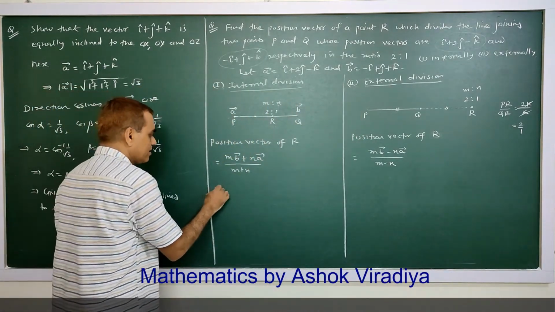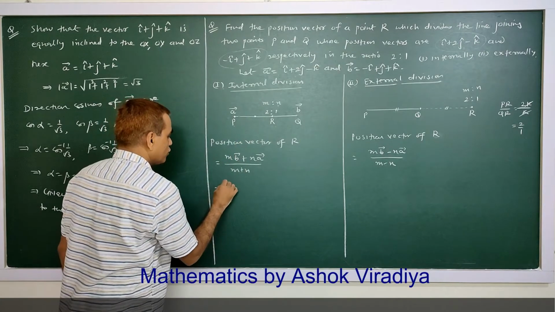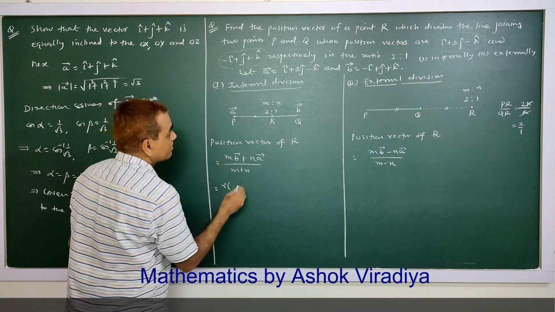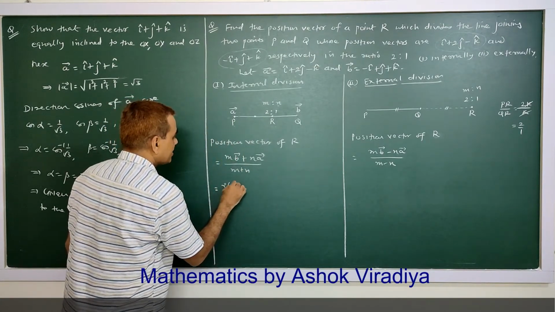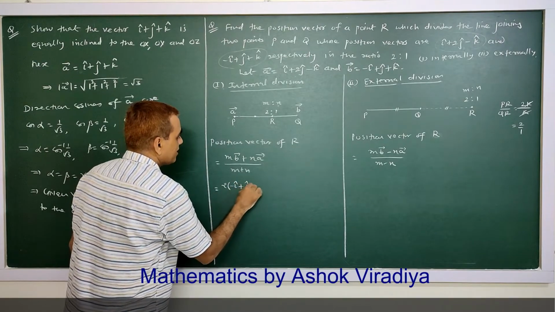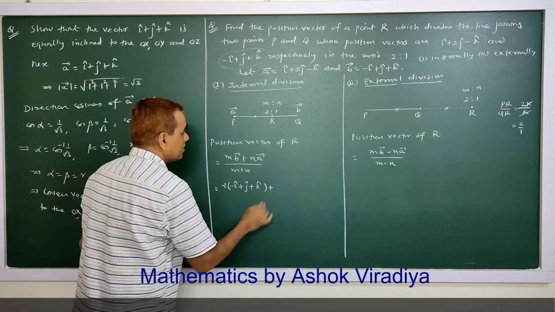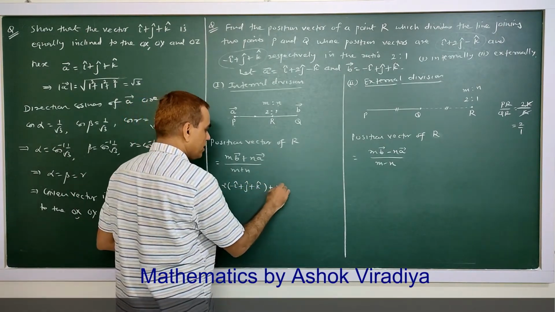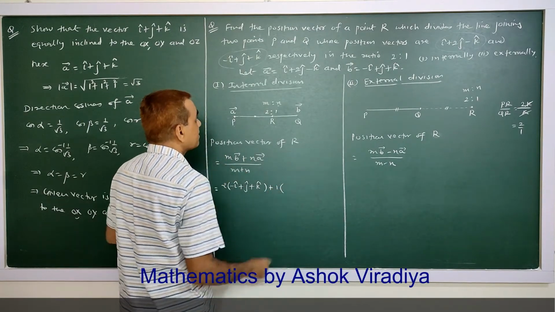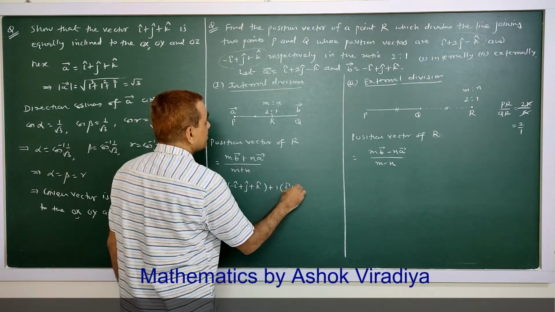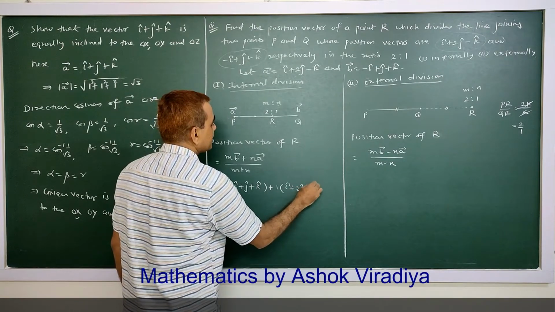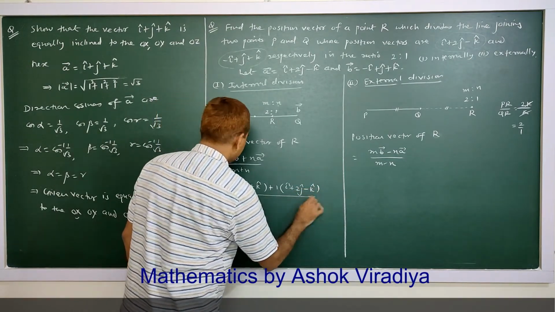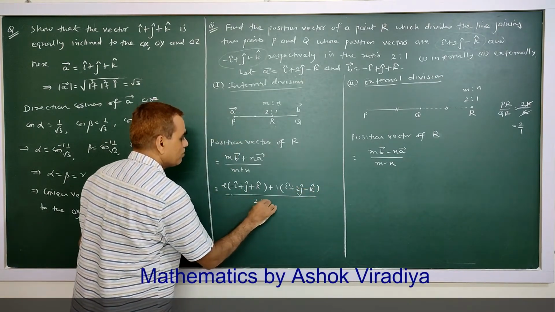So here M is 2, so 2 into B bar, B bar is minus i plus j plus k, plus N is 1, so 1 into A bar, which is i plus 2j minus k, upon M plus N, so 2 plus 1.